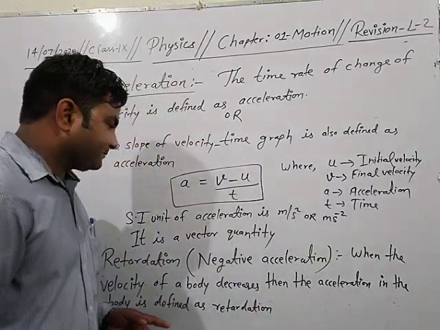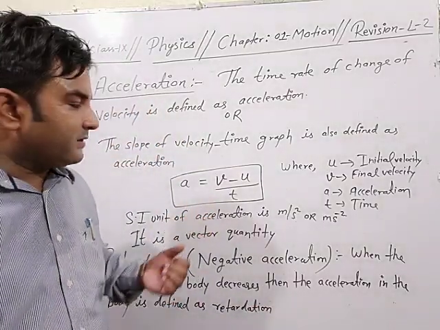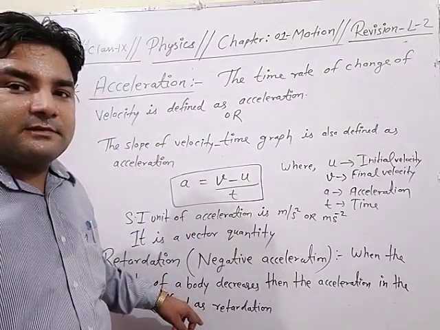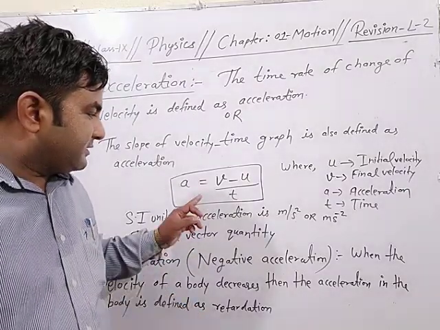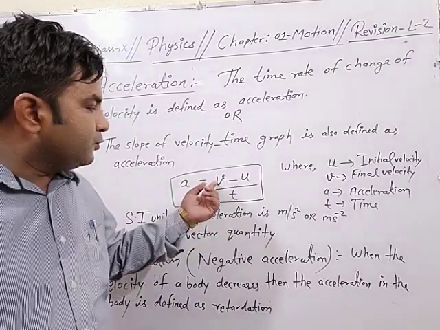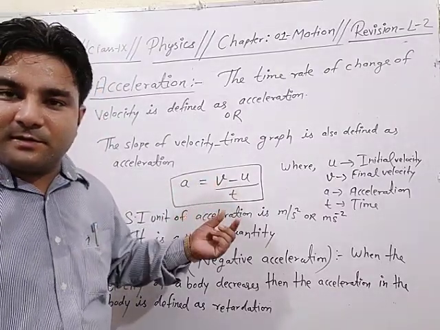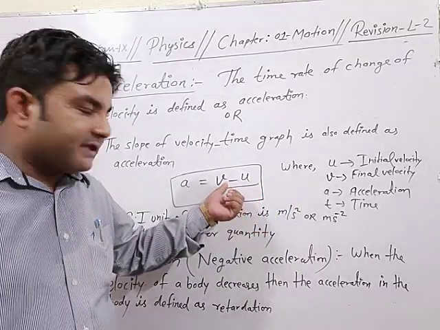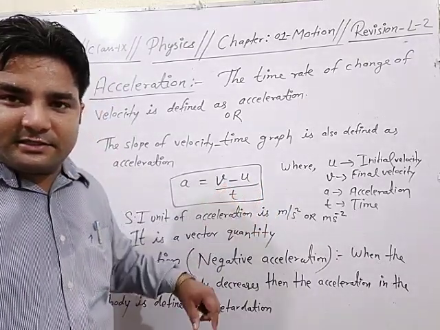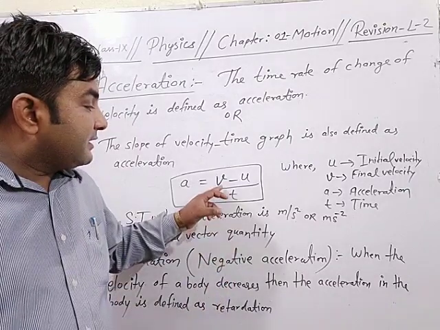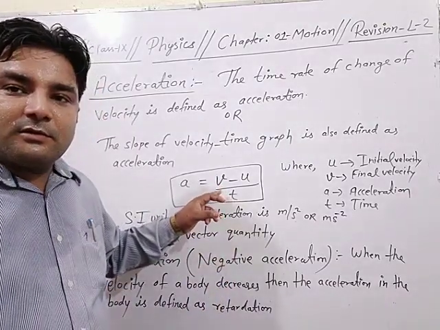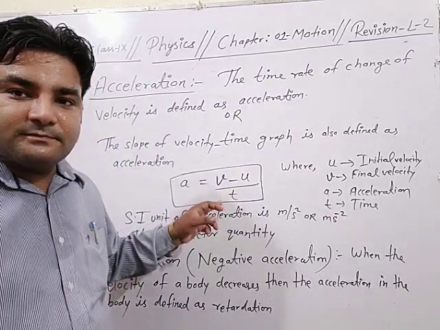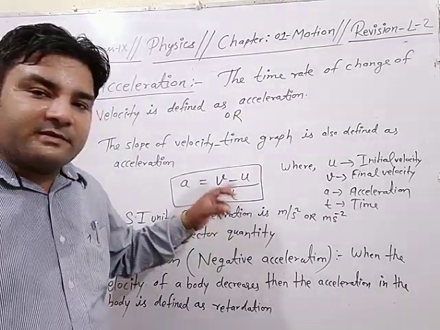It means, if we apply the formula, then retardation, or negative acceleration, must be equal to (u minus v) upon t, because in the acceleration case u is smaller and v is greater, but in retardation u will be greater and v will be smaller.